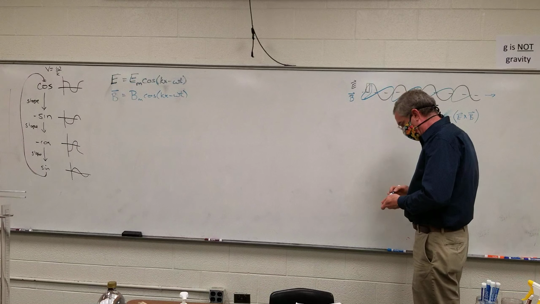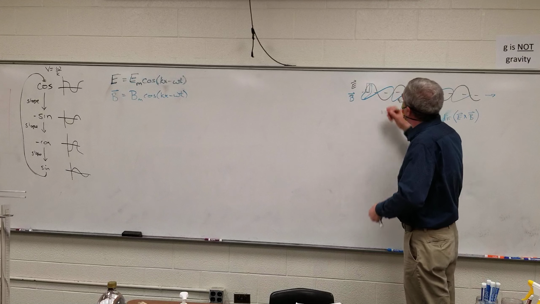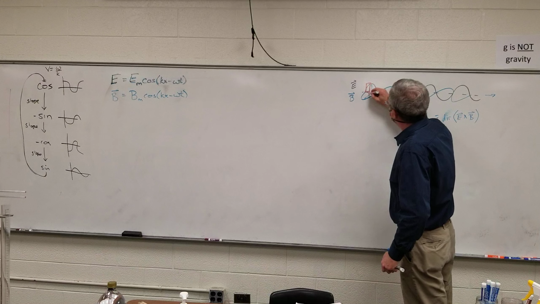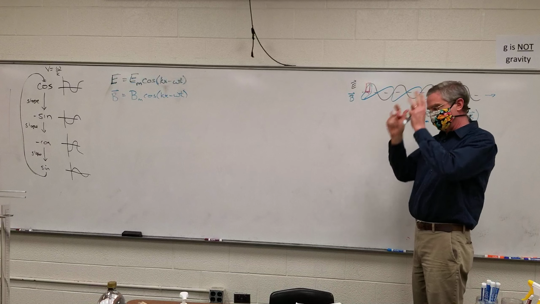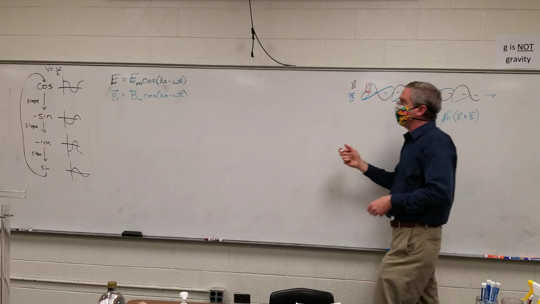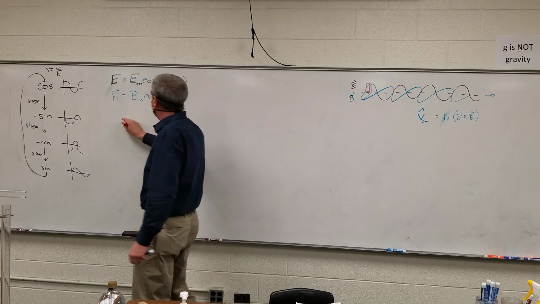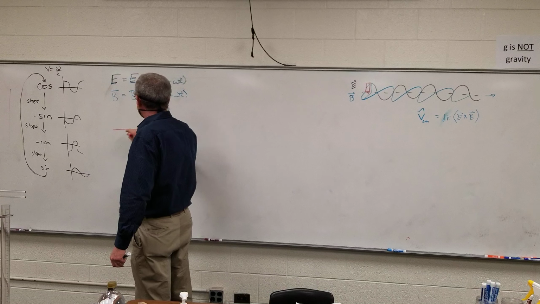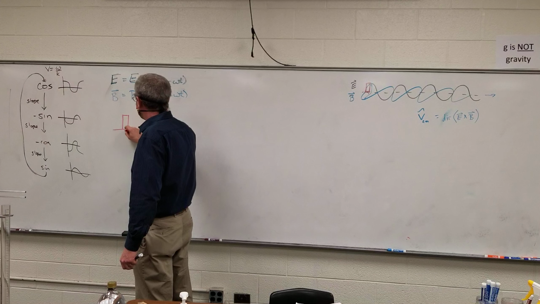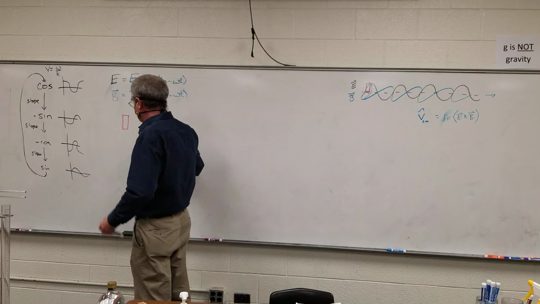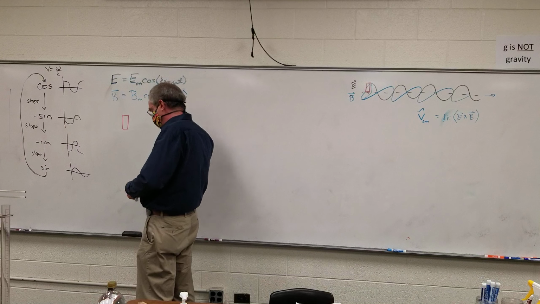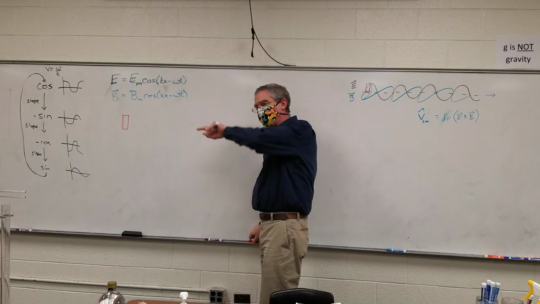I probably should have done that in a different color just so it contrasts. I'm gonna take the small little section, I'm drawing it really big here, but we imagine that my axis right here, I'm just taking a small little bit. My electric field is going up at this moment. My magnetic field is coming out.